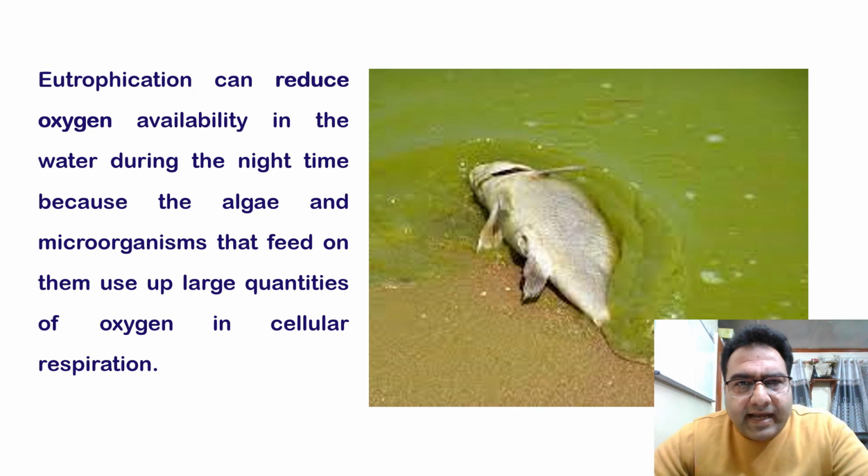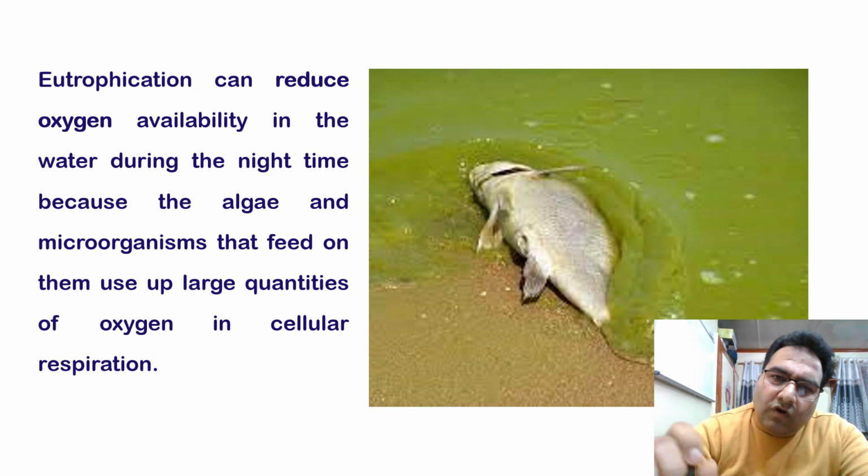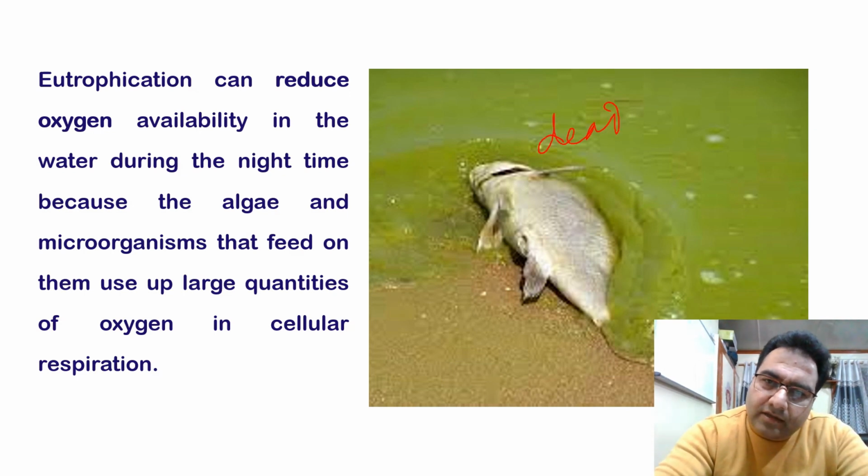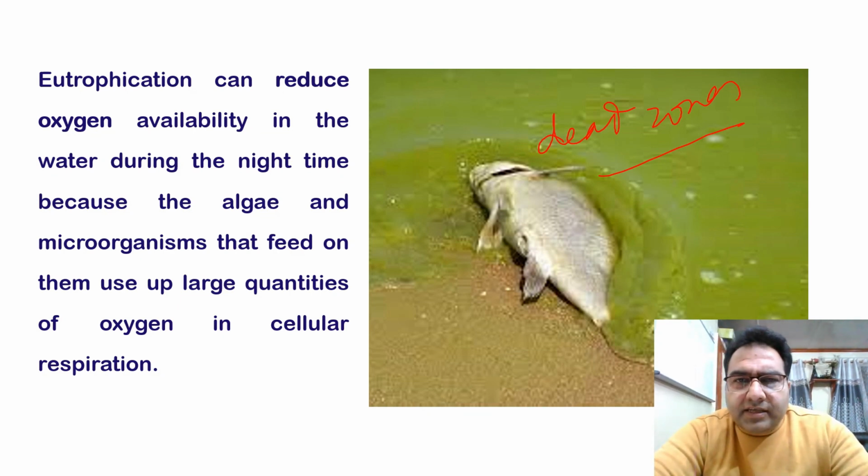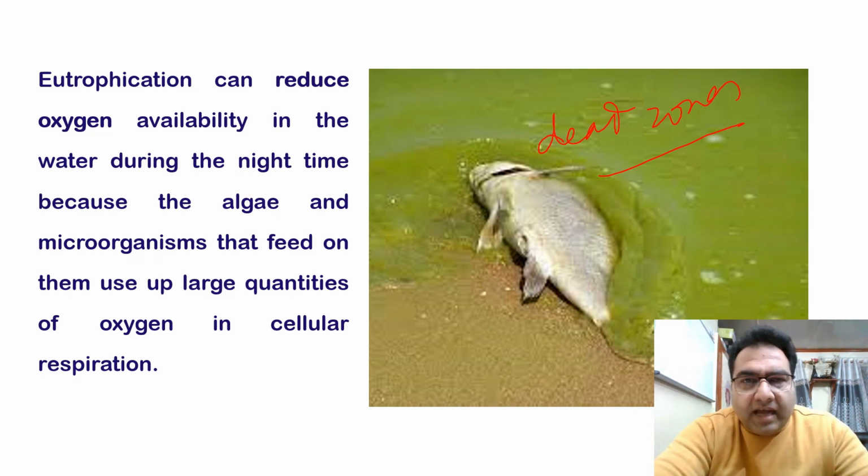This can cause the death of other organisms living in the affected ecosystem, such as fish and shrimp, and result in oxygen depletion, and such areas we call dead zones. Because of the deficiency of oxygen, the areas become dead zones, and there is very little chance of survival of living organisms.